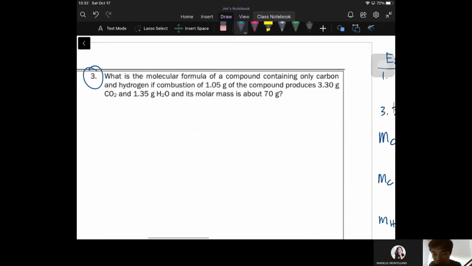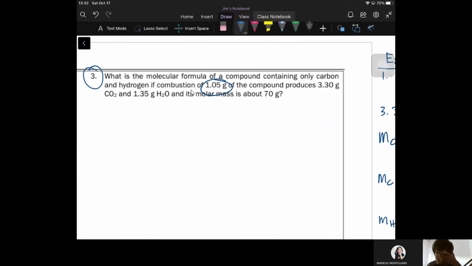Basahin natin yung question. Ang compound natin it only contains carbon and hydrogen, no? So kailangan pag pinag-add natin yung mass ng carbon pati yung mass ng hydrogen, that should give us this mass. Okay? So itong mass ng compound. Alam, pag pinag-add natin yung mass kanina ng carbon and hydrogen, kailangan mag-add up sila to be 1.05.